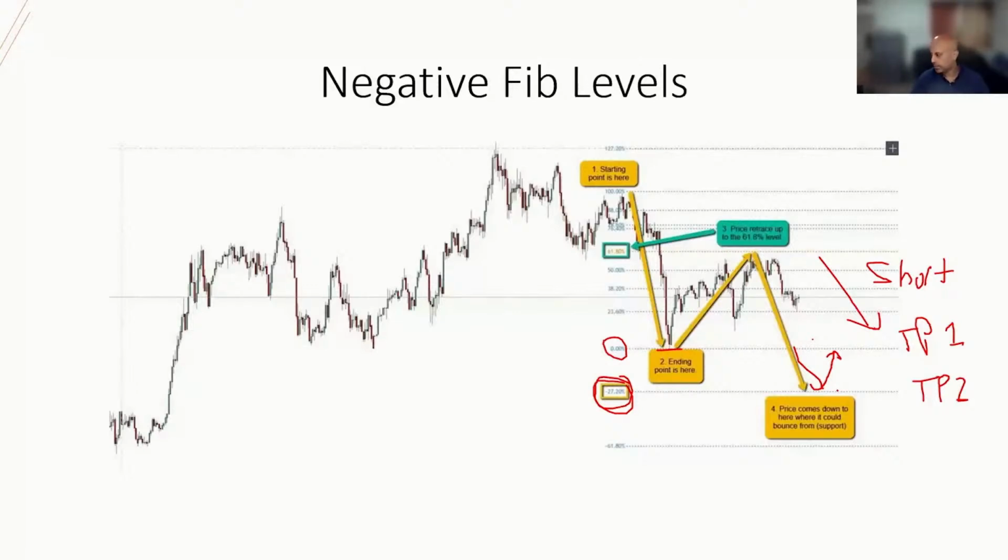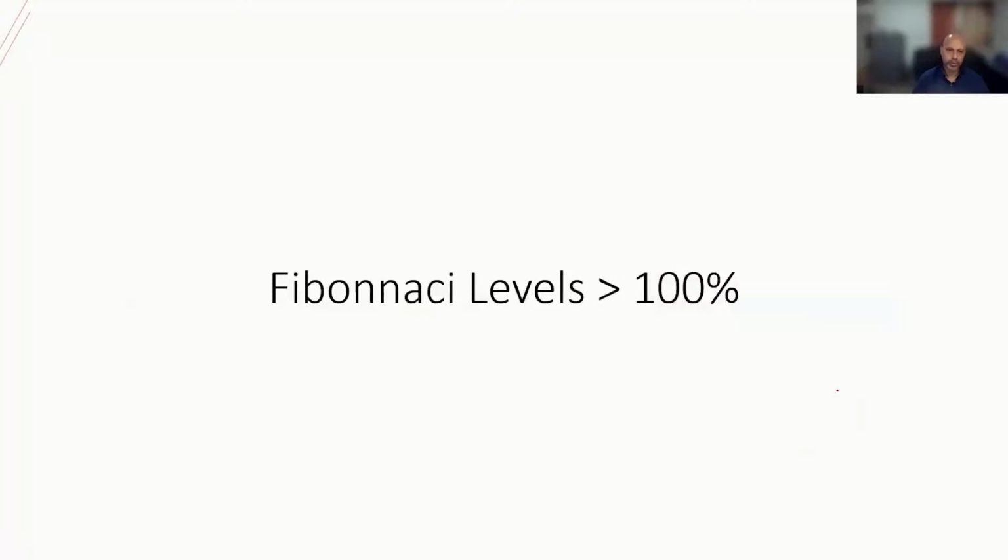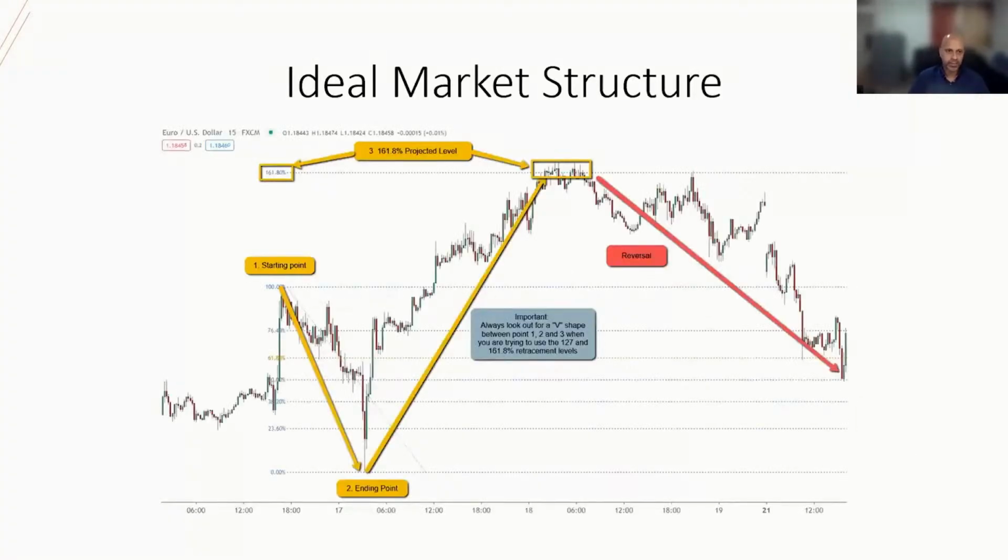Okay. With that, now we're going to look at Fibonacci levels that are greater than 100%, right? The key Fibonacci levels that are greater than 100%, as I mentioned earlier, are at 161.8 and also at 127.2%, right?